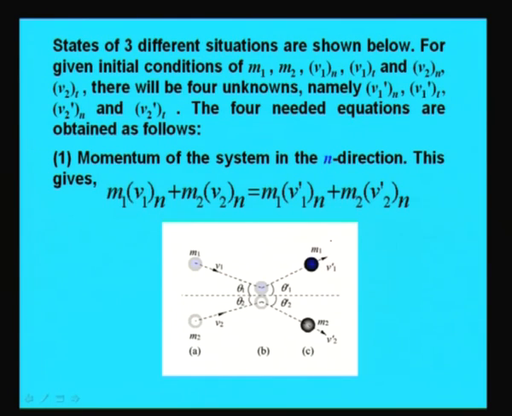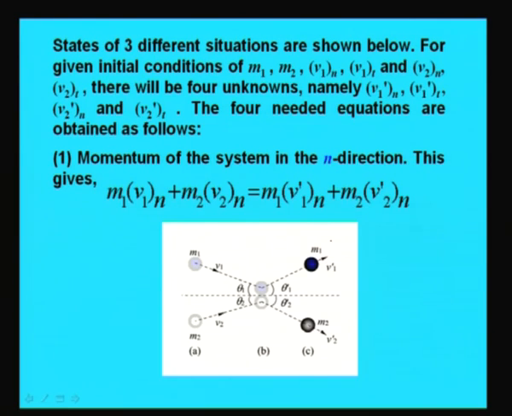Thus you need 4 equations to solve this. If we get 4 equations, there is no problem in solving it. We just need 4 equations to find 4 unknowns: the normal and tangential components after the impact, because before the impact we must know the velocities.